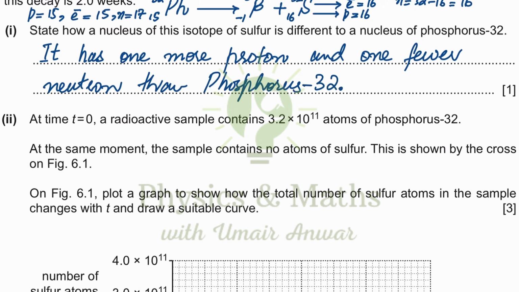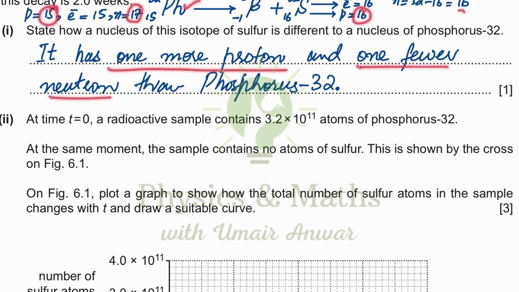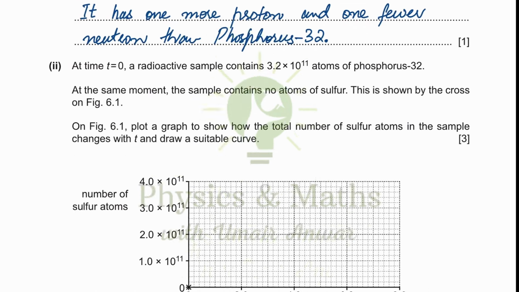So one more proton means the protons have increased from 15 to 16, and one fewer neutron means originally the neutron were 17 in phosphorus, now they have become 16.